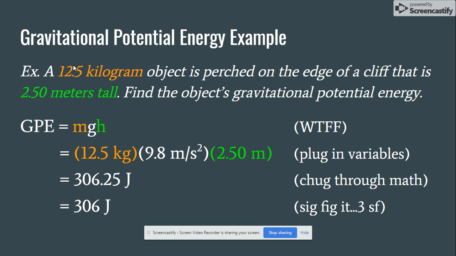All those non-zeros count, and the trailing zero counts because there's a decimal. So 306 joules. For kinetic energy, you've got to remember to square the velocity. For gravitational potential energy, you're not squaring anything even though there is a square in one of the units. It's just mass times acceleration due to gravity times height.